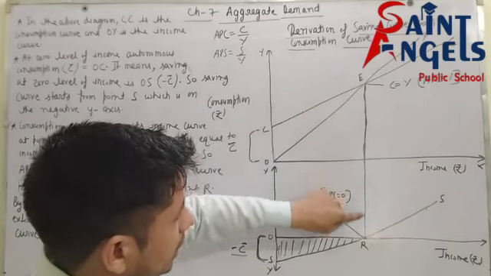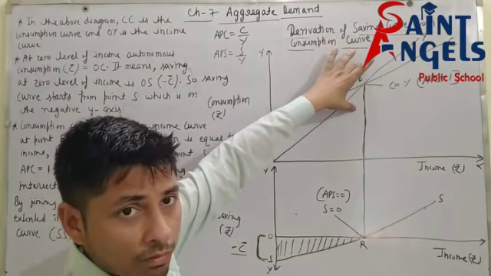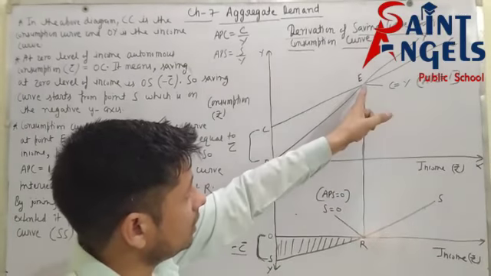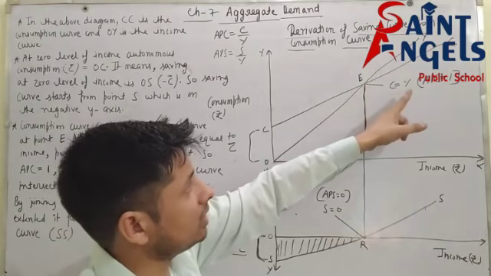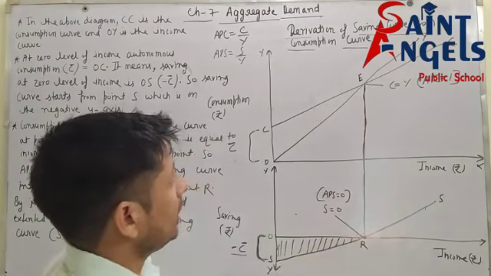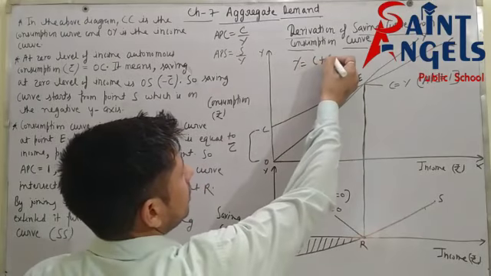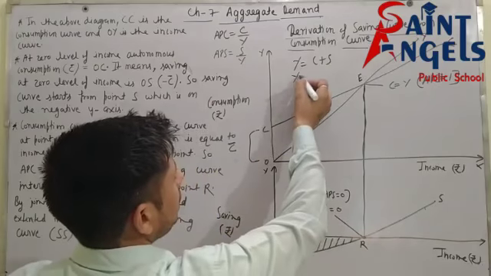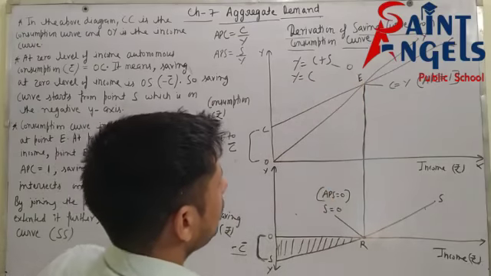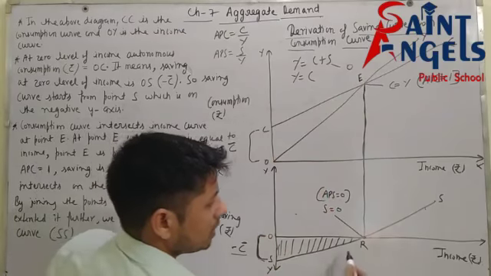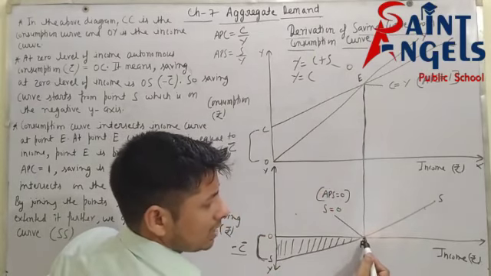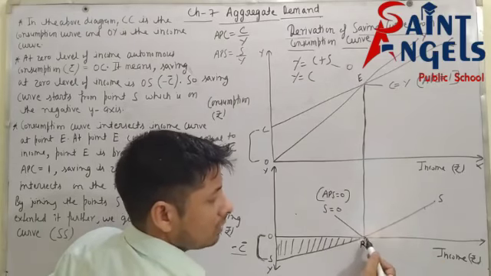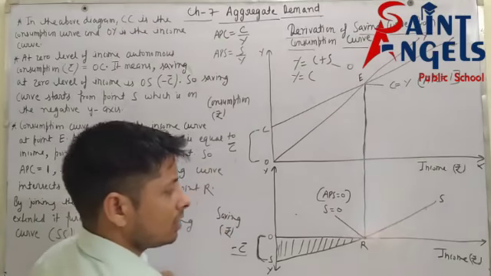Because of point E, or you can say because of the break even point, saving is 0, because you know that Y is equal to C plus S. Suppose if I say Y is equal to C, so saving will be 0, then the saving curve intersects at point R, which is on the x-axis, means saving will be 0 on the x-axis.